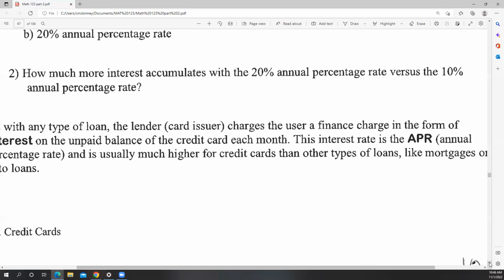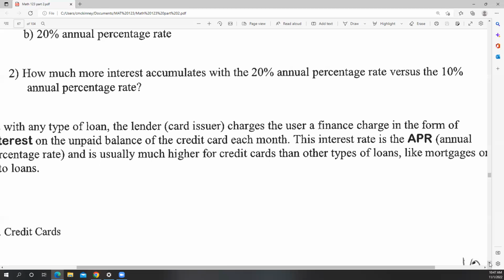If you have a car loan and you don't pay it off, what could happen? They could take the car, right? They could repossess the car. If you don't pay your mortgage, what could happen? Foreclosure. If you don't pay your credit card bill, are they going to come and take away the things you purchased?